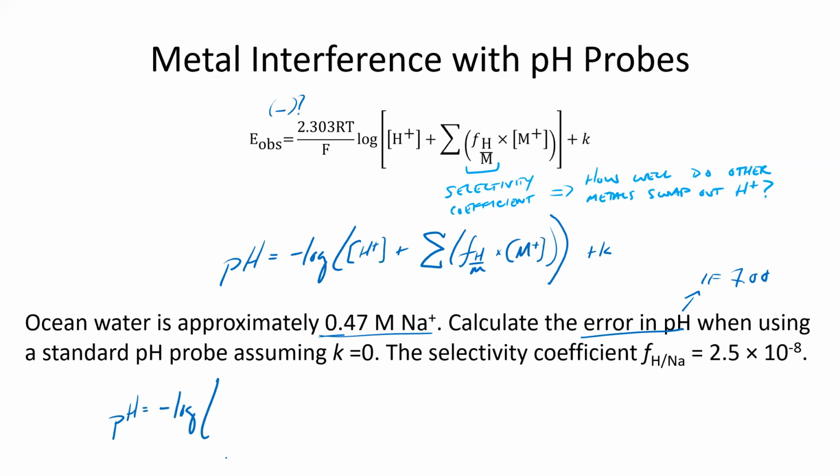What's H plus when the pH is 7? 1 times 10 to the negative 7th. There we go.